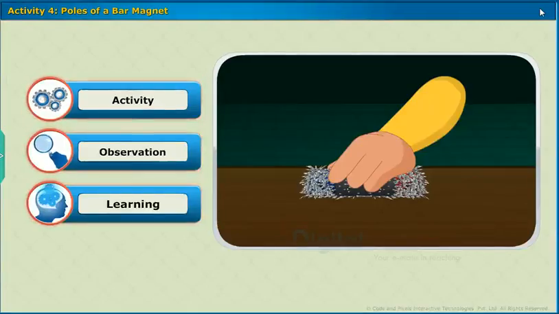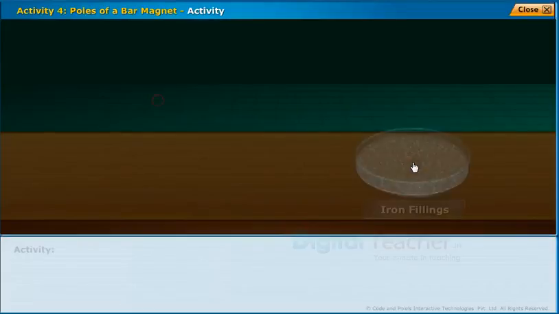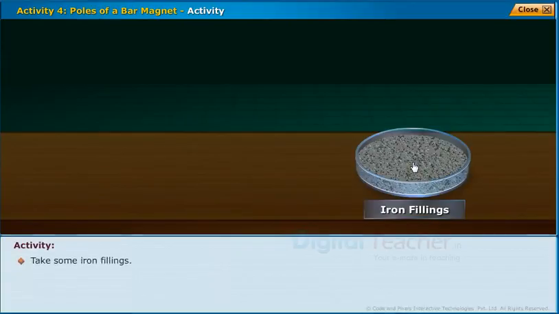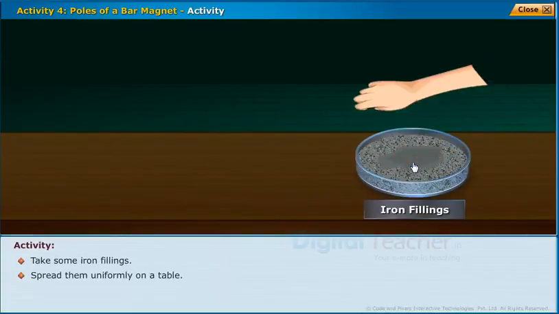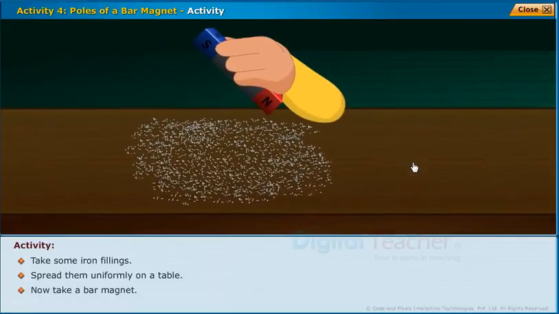Let us do an activity to know the poles of the bar magnet. Click each tab to know more. Take some iron filings. Spread them uniformly on a table. Now take a bar magnet.